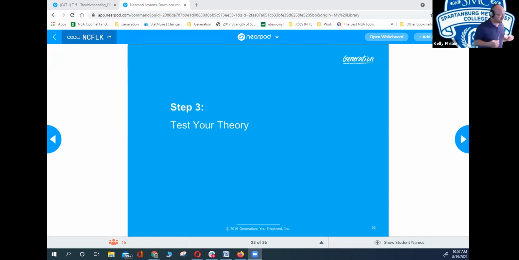Try to come up with an idea as to what you think may be the problem that is causing all the issues. Step 3 is now to test that theory to verify that that is actually the problem. So we want to duplicate it or attempt this repair and see if this is the actual issue at hand. If it is not, you need to go back to step number 2 and establish another theory.